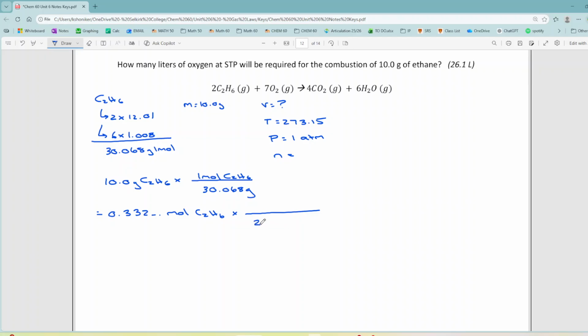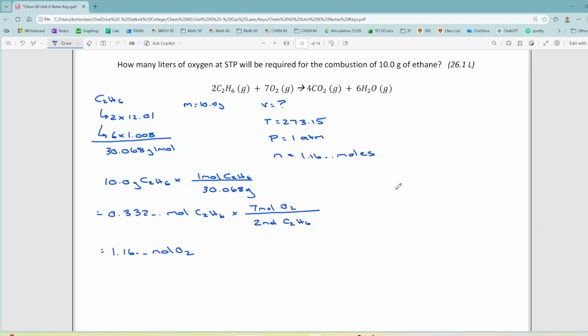So I know that 2 moles of C2H6, or ethane, will combust with 7 moles of oxygen. So I'm going to take that answer, I'm going to times it by 7 and divide by 2. And again, you could have done that in one big long line. And I will end up with 1.16... moles of O2. So that's going to be my answer for up here.